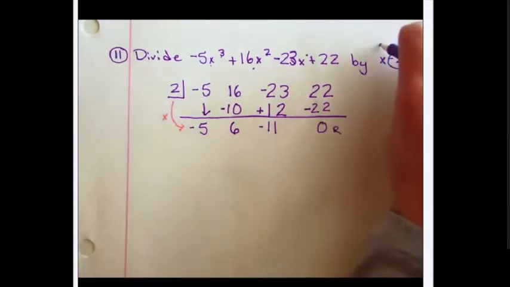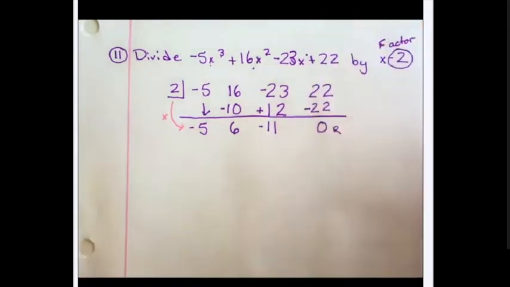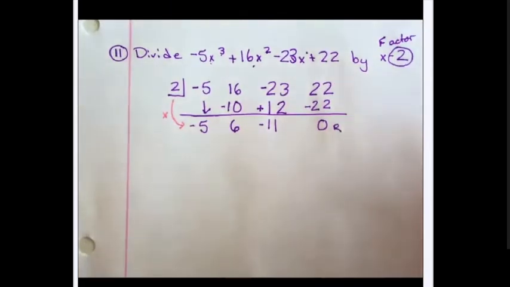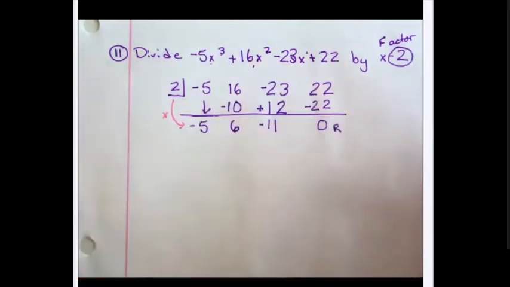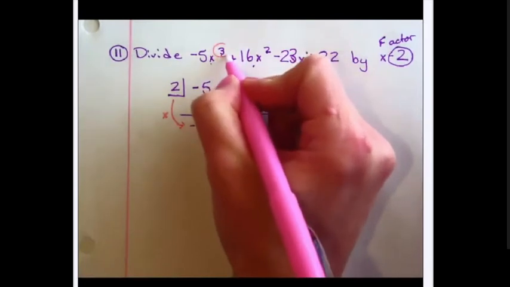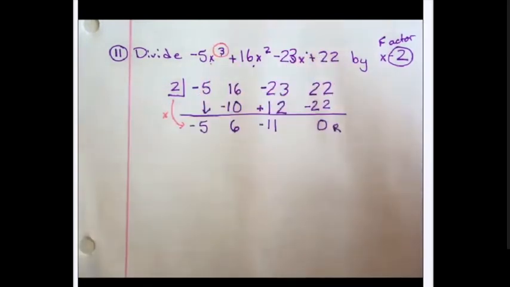That means that this is a factor. It divides evenly. So like we say that 2 is a factor of 8 because 2 goes into 8 4 times. We don't have a decimal or anything left over. So that's what we're looking at when we have a remainder of 0. Just like the last one, we're going to go one less than whatever the biggest exponent was.